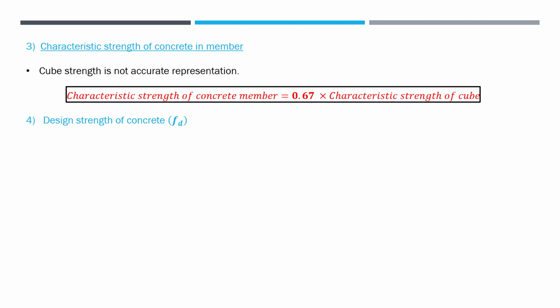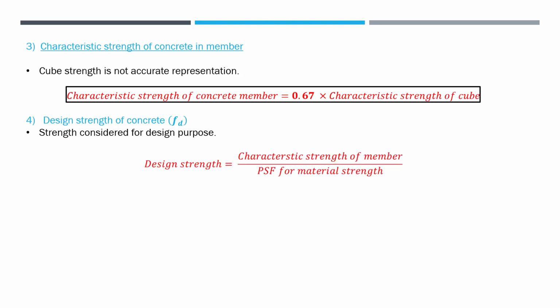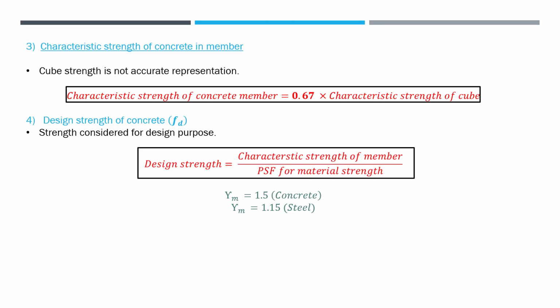Next is design strength of concrete, which is denoted by fd. The strength to be taken for the purpose of design is known as design strength and is given by the ratio of characteristic strength to the partial safety factor accounted for material strength. The value of partial safety factor depends upon the reliability of material and the type of limit state.